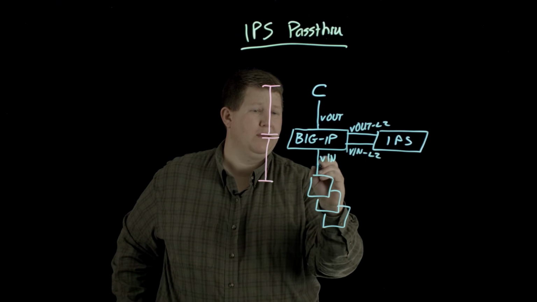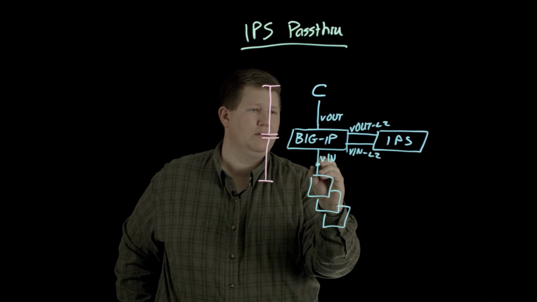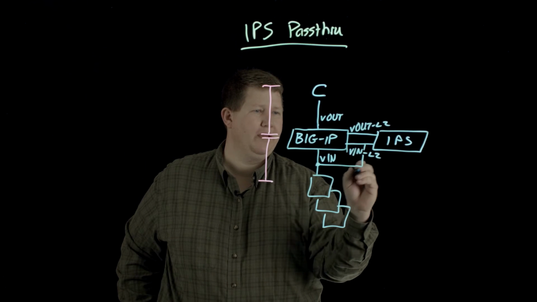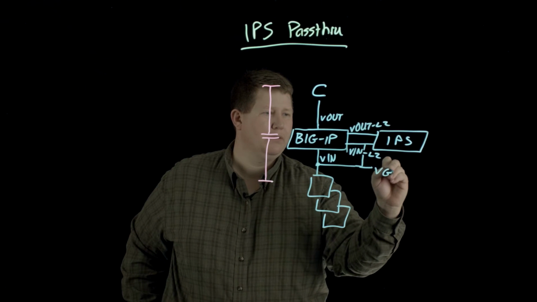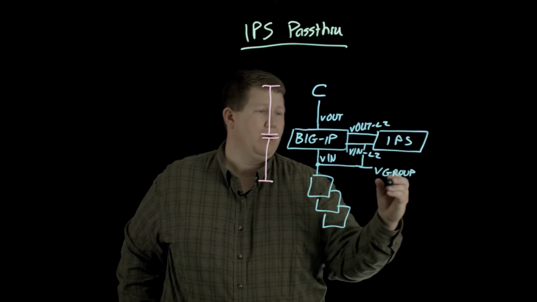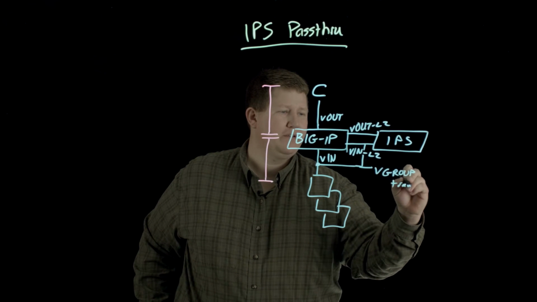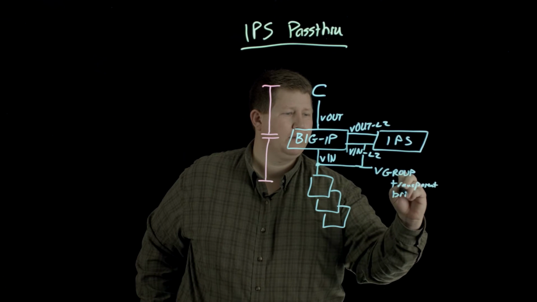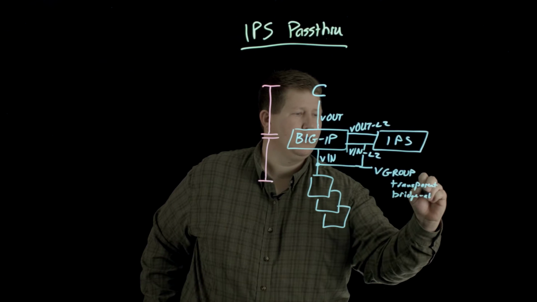We'll take these two VLANs and make a VLAN group. On this VLAN group, the mode is transparent, and we want to bridge all traffic.